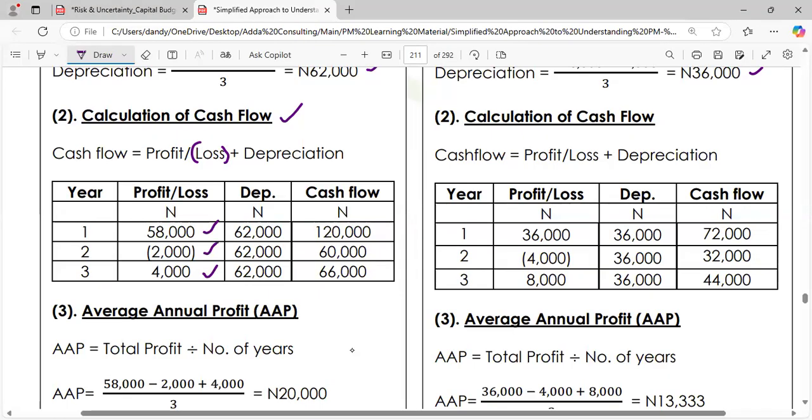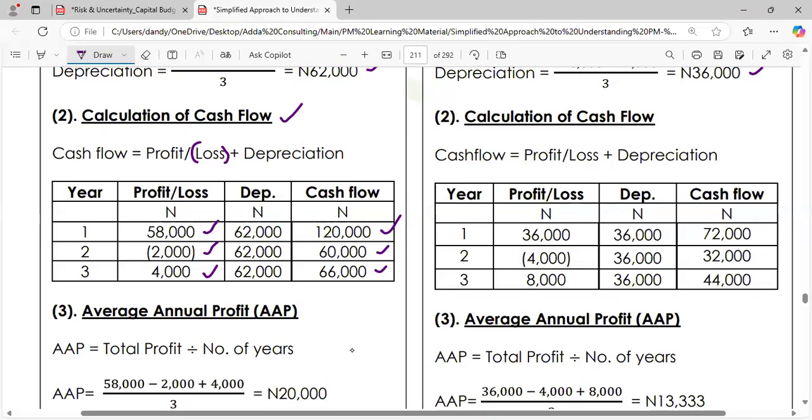The annual depreciation we computed is 62,000. So 58,000 plus 62,000 gives us 120,000. Minus 2,000 plus 62,000 gives us 60,000. 4,000 plus 62,000 gives us 66,000. So that is the cash flow you are going to use for project A to calculate NPV, IRR, and payback period. You do the same thing for project B.